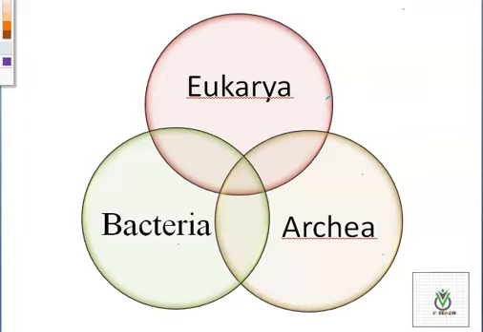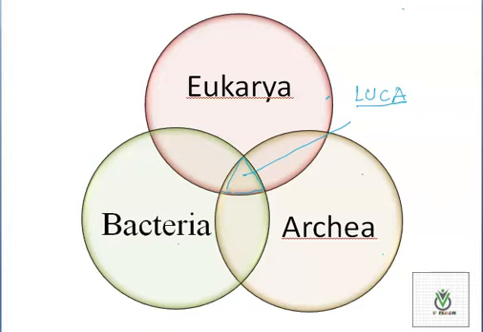So for example, here there is a common area where all the 3 domains are overlapping. This common area is known as LUCA, that is, lowest universal common ancestor. Now this LUCA has those characteristic features which are common in all the 3 domains.